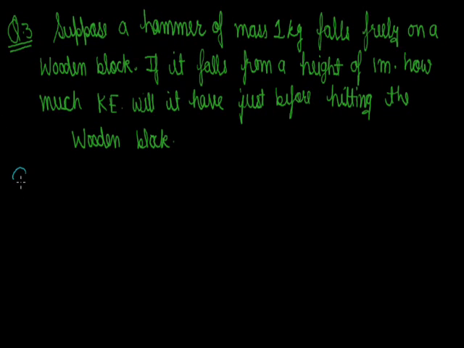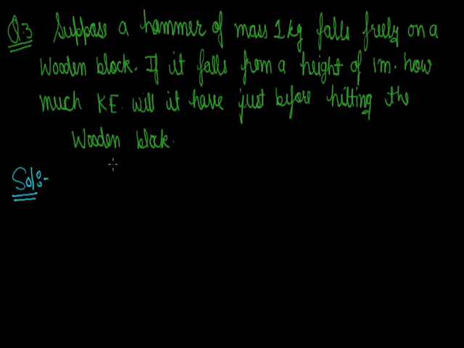Solution is, the initial velocity of the hammer is 0 at the maximum height of 1 meter, which is given in the question, above the ground. As it is dropped, it falls down due to the force of gravity, which produces an acceleration of g equals 9.8 meter per second square.